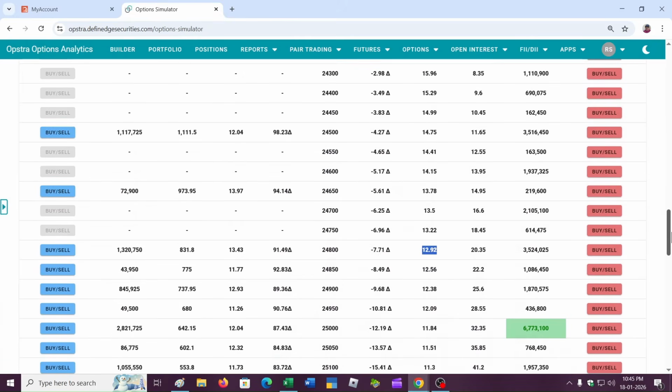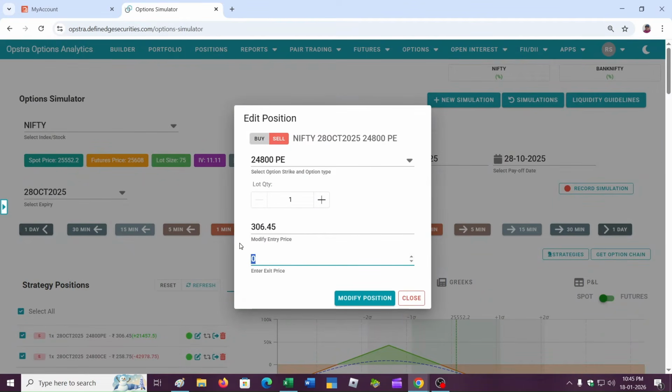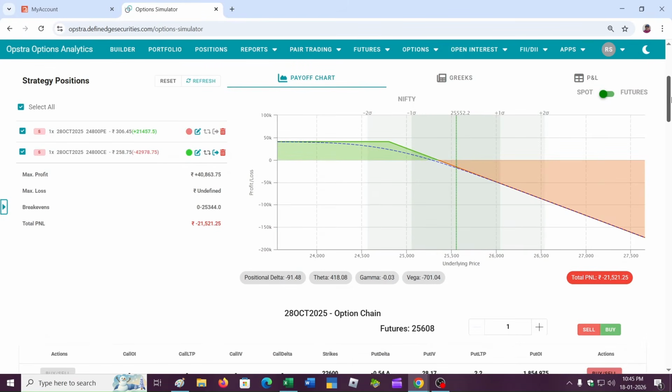Now, last traded price is 20.35. So exit at 20.35. We took profit on one leg, which is the put option.